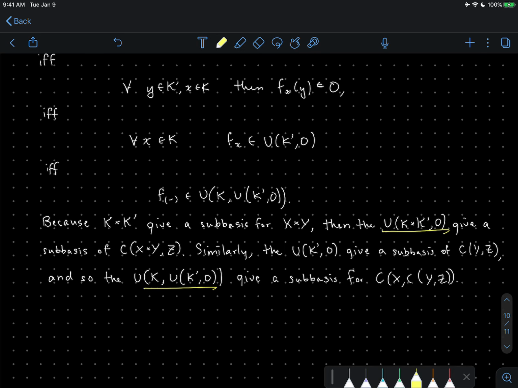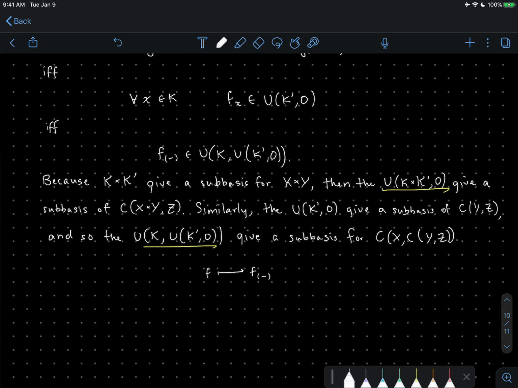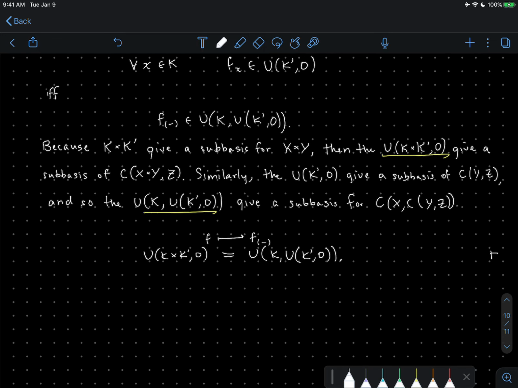So under the bijection, F maps to F sub blank, U from K cross K prime into O ends up being taken to exactly U from K into U of K prime into O. And that concludes the proof.